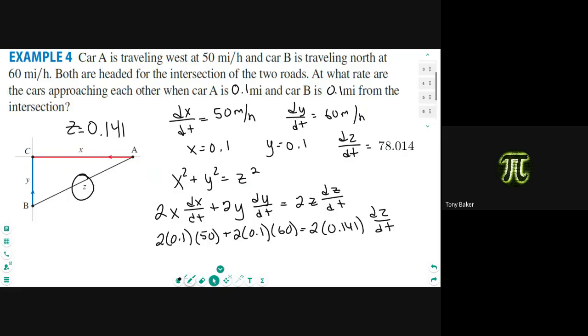The original problem was 0.3 and 0.4, and I just didn't want another 3, 4, 5 triangle. However, the funny part about it, the actual speed comes out to be exactly the same. So if one car is going 50 miles an hour, one car is going 60 miles an hour, and they impact like you hit a wall at 78 miles an hour.